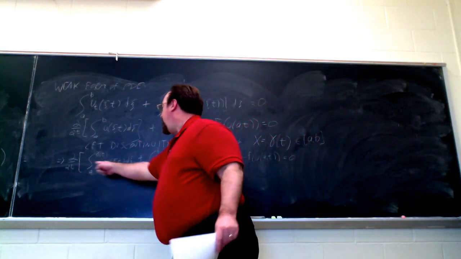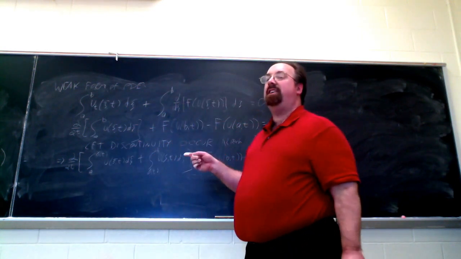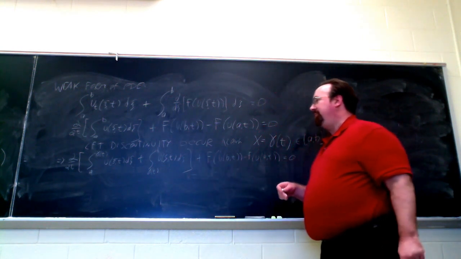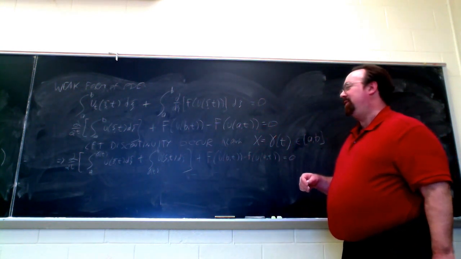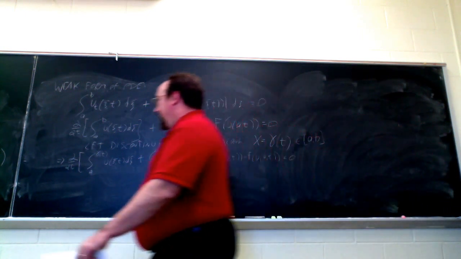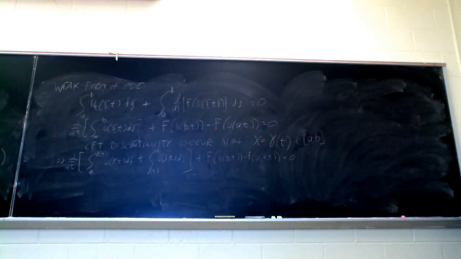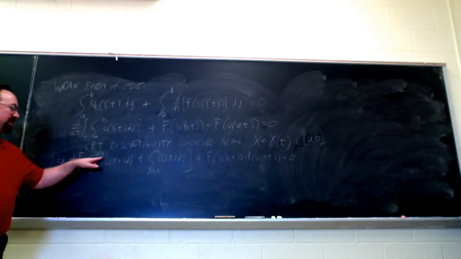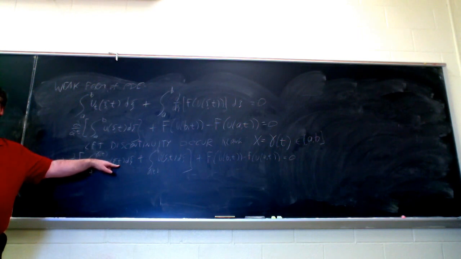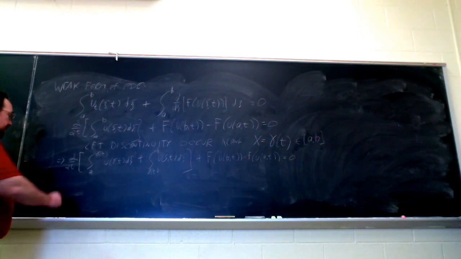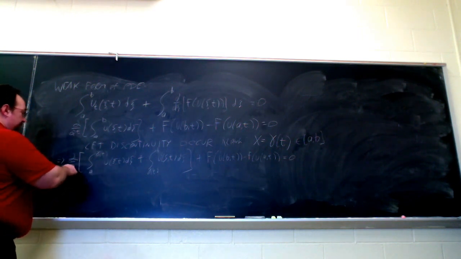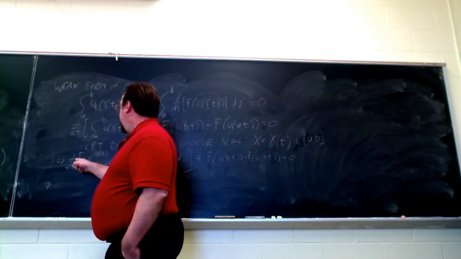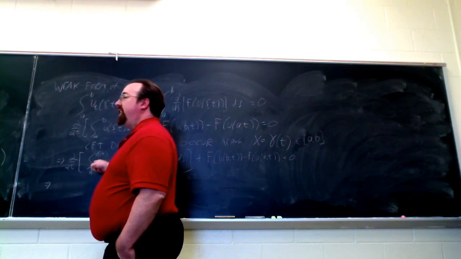And now I can actually carry out the differentiation with respect to t. And this is where we get to the dark side of the fundamental theorem of calculus, if you will. Because notice I have two dependencies on t, here and here. I have to take both of them into account. So the way I do that is, first, we think of this as though we are differentiating an integral.